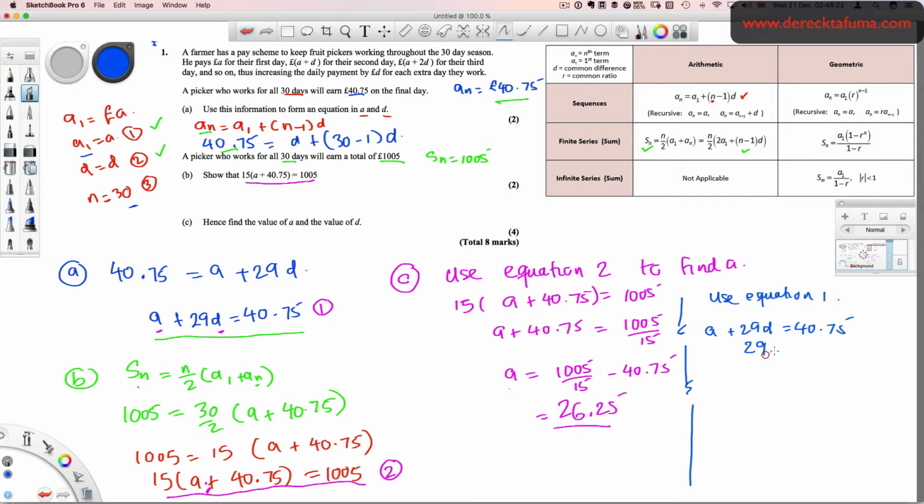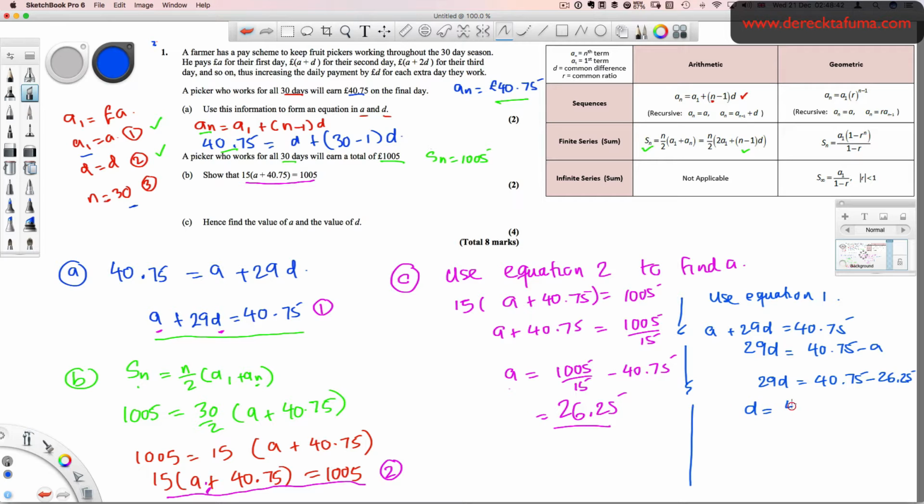So 29D equals 40.75 take away A, which is 26.25.